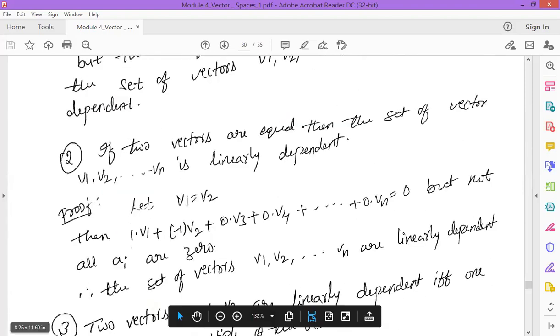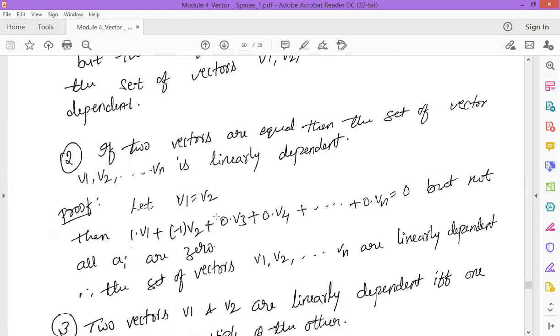The second one is that if two vectors are equal, then the set of vectors v1 up to vn is linearly dependent. That is, if v1 is equal to v2, then we can write 1 times v1 plus minus 1 times v2 plus 0 times v3 plus 0 times v4 and so on. But here you can see that a1 and a2 are not equal to 0; they take the values plus 1 and minus 1.